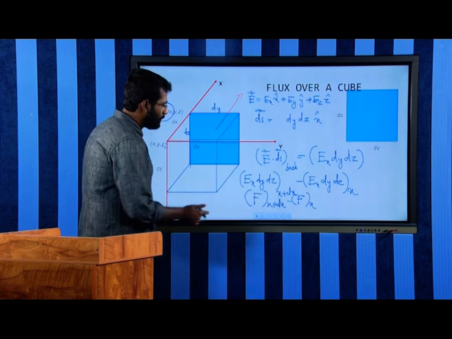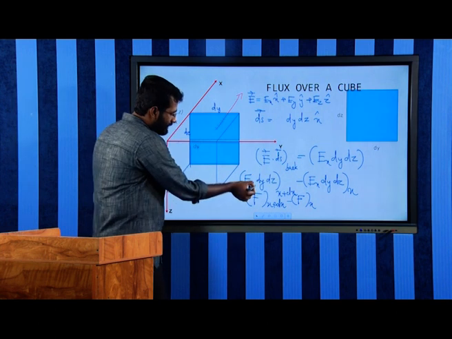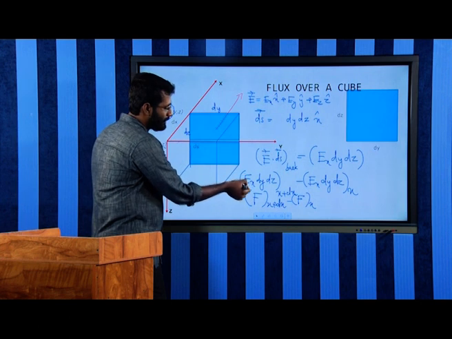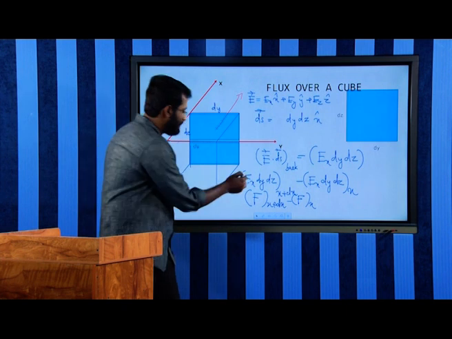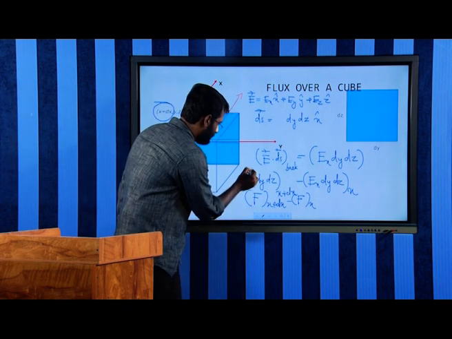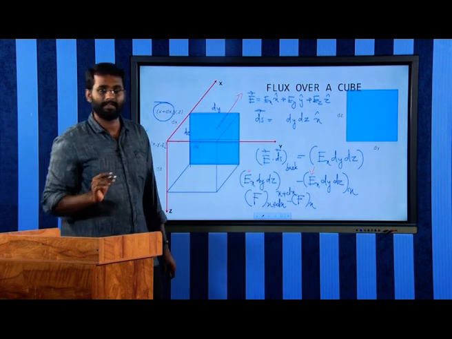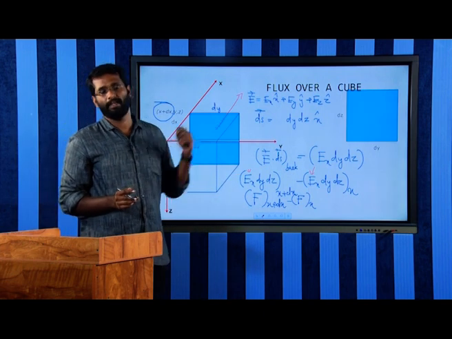Actually the variation is not because of dy and dz. We are taking the value of Ex. So Ex has a particular value at x plus dx and another value at x. These two Ex are not exactly the same, because one is evaluated at the front surface and the other at the back surface.